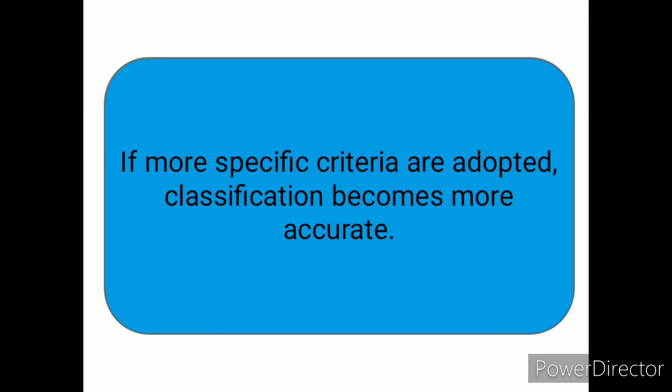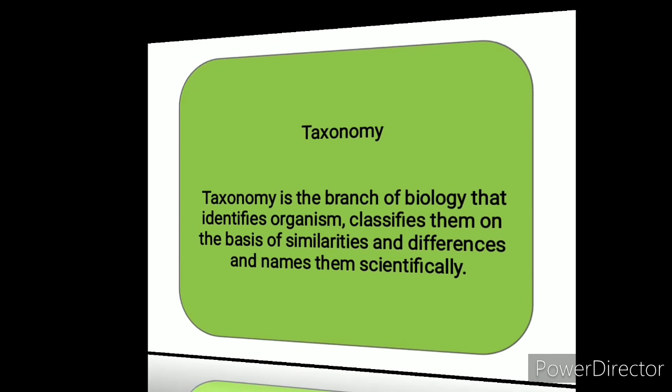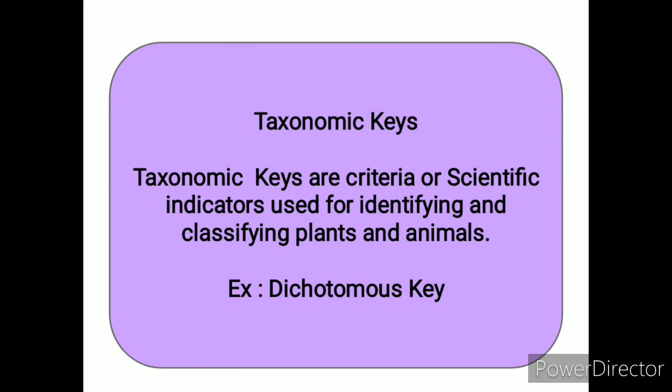Then we have discussed taxonomy. Taxonomy is the scientific approach of classification. It is the branch of biology that identifies organisms, classifies them on the basis of similarities and differences, and names them scientifically. Then we have discussed taxonomic keys, that is, criteria or scientific indicators used for identifying and classifying plants and animals.